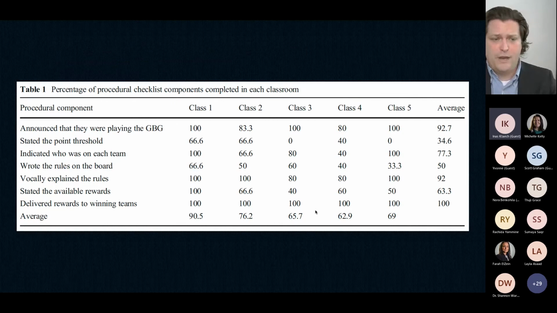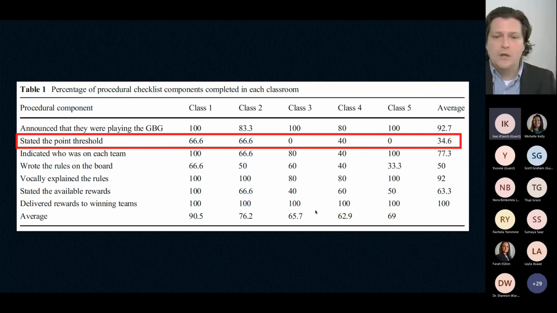And so I have a little table here because this was one of the outcomes that we found to be the most interesting. So if you look, classrooms 1, 2, 3, 4, and 5 are there on the top. And if you look at how often they stated the point threshold, which is how many points you can accumulate before the game is lost, many of the teachers stated the point threshold infrequently.